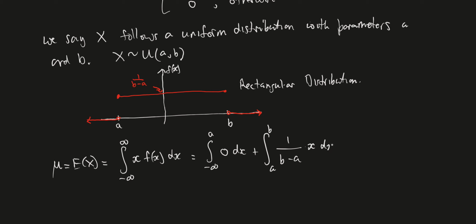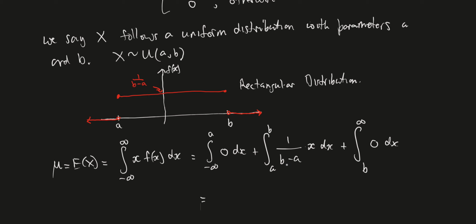And then dx, and then plus the integral from b to positive infinity. Well, again, f of x is going to be 0 on that interval, so the product here will be 0, right? So we get to ignore these two improper integrals because the value of the integrand here is 0. So in both cases, we're integrating 0. So really, it's just this middle one that we have to focus on.